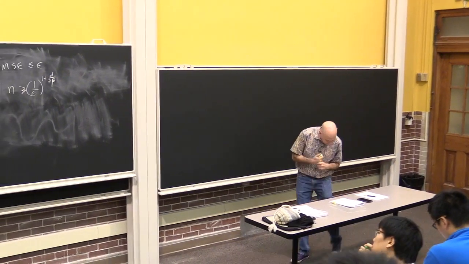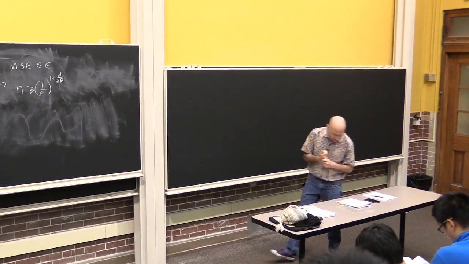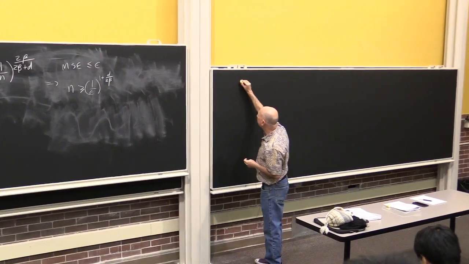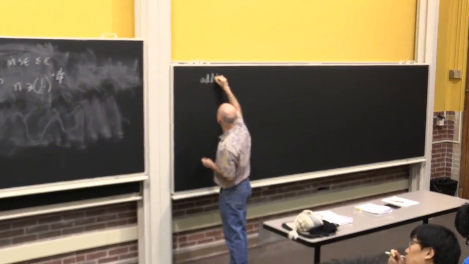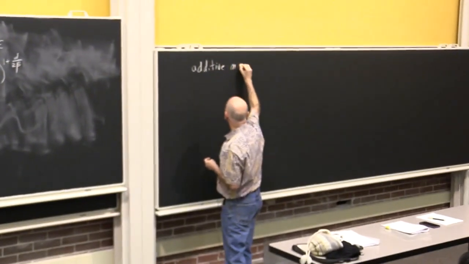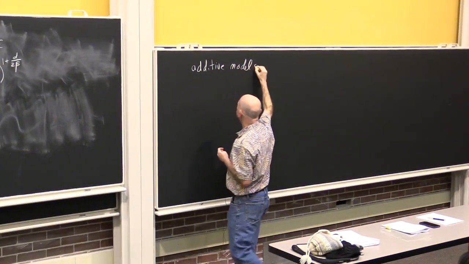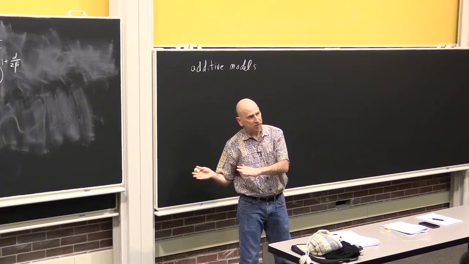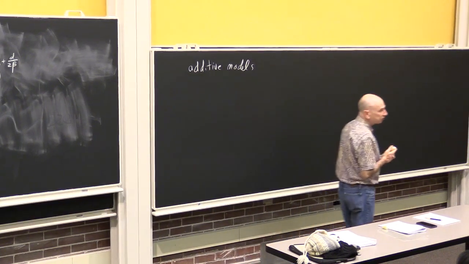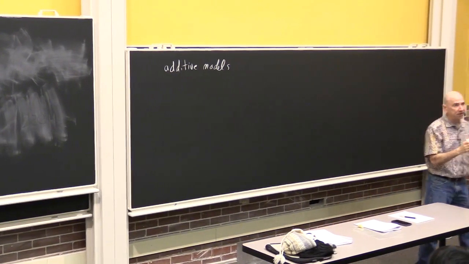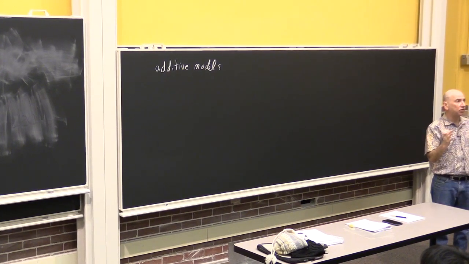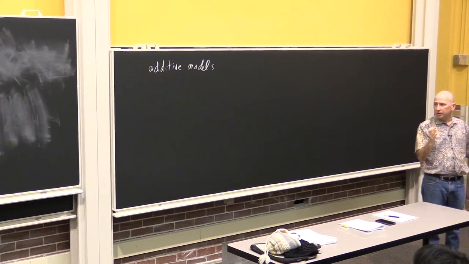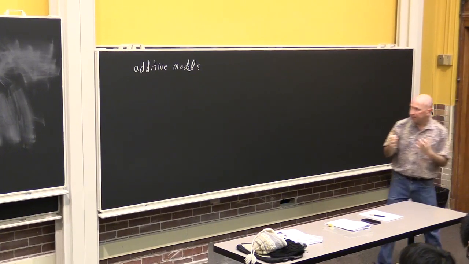And so I'm on page 15 of the notes here. These are called additive models. You can think of this as being kind of halfway in between a linear model, which has a very, very special form, and a completely nonparametric model where we're just doing some sort of local smoothing perhaps to the whole space, to something in between.